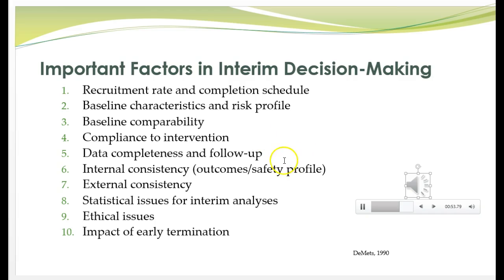You might assess whether the data is complete and we've got appropriate follow-up for the patients. You might be looking at internal consistency. So what are the outcomes and what is the safety profile? And you also just might be looking at statistical issues. Do you think that you're getting your, again, sample size and power, and also ethical issues? So there's a lot of things that people might look at when they take that interim peek at the data.